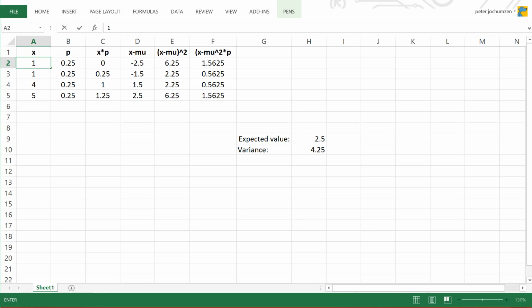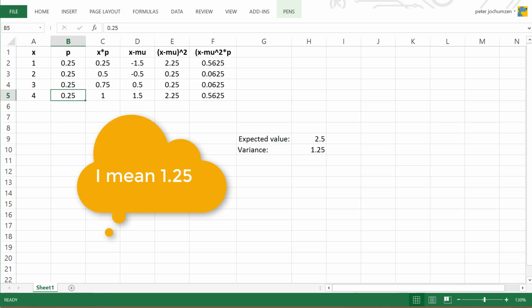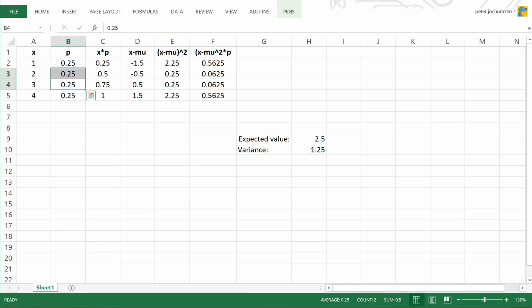We can see that in a similar experiment. If we take these back to 1, 2, 3, and 4, where the variance is 2.5, and I change the probabilities such that these two observations have a higher probability, remembering they have a smaller deviation from the mean, then the variance will go down.